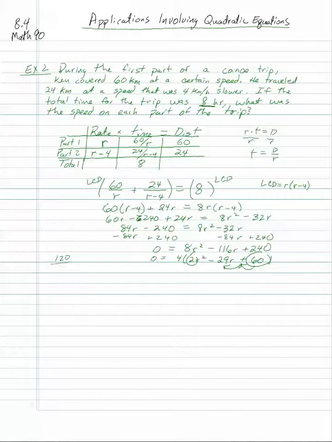So let's see, we've got 1 and 120, 2 and 60, 3 and 40, 4 and 30, 5 and 24, which is the one I want.